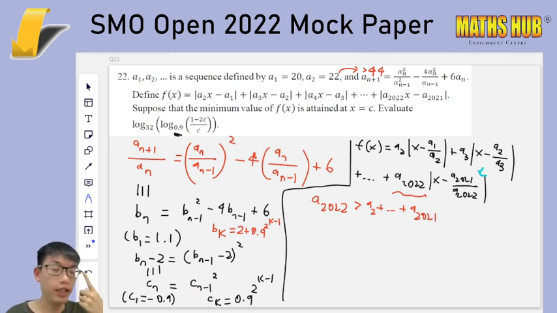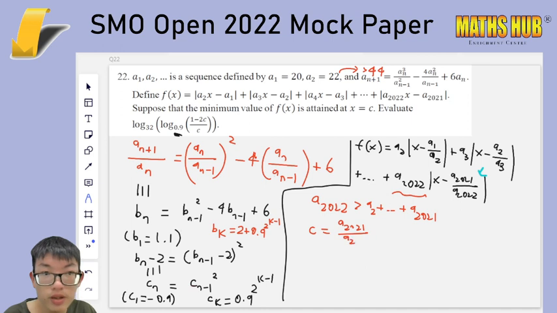And if it's more than everything else combined, then the minimum value is going to be here at A2021 over A2022. So C is really going to be here. And we can rearrange this a little bit.